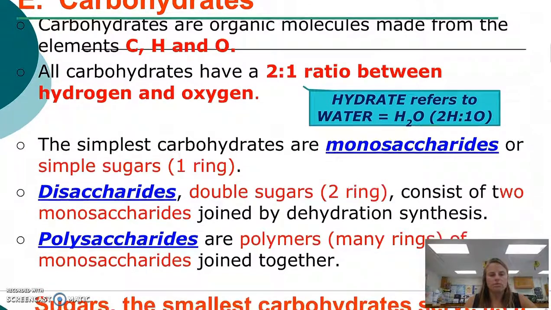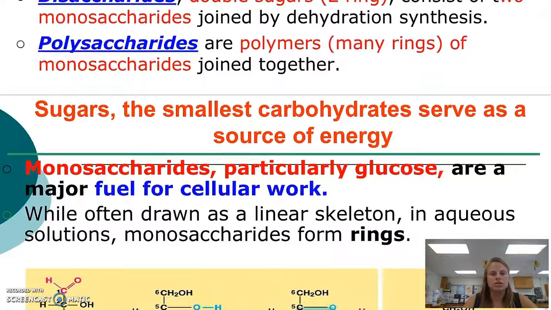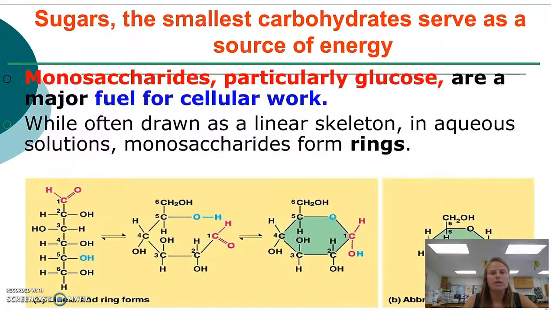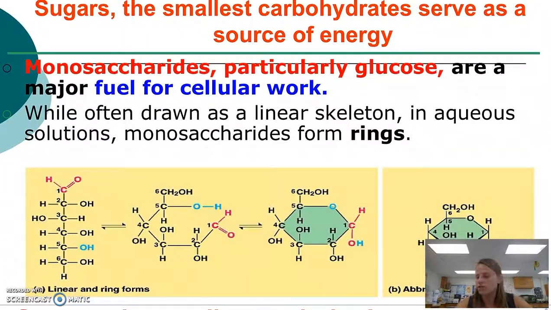So let's talk a little bit more about sugars, the smallest carbohydrates, and they serve as a source of energy. Monosaccharides, particularly glucose, are a major fuel for cellular work.